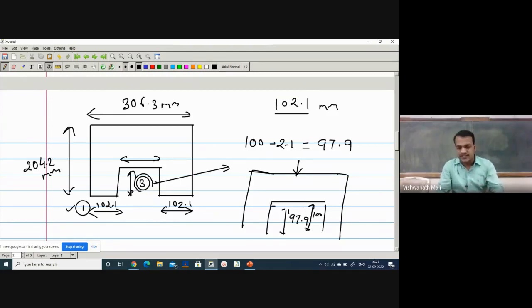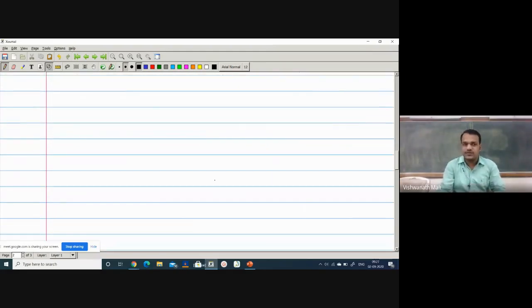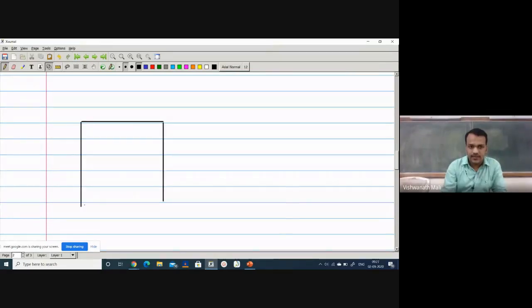So what is internal dimension? We will see that with this example, so your doubt will be clear. When to give negative allowance, when to minus it, and when to plus it, we will see.